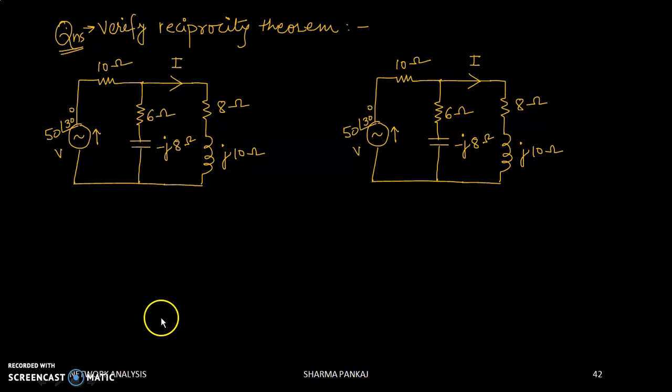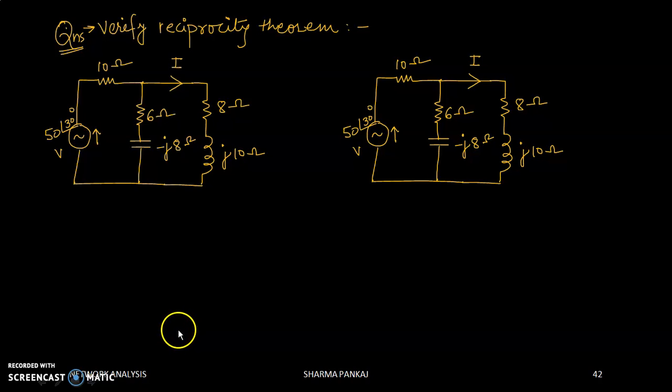This is the question for verifying the reciprocity theorem. In this question, we are to verify the reciprocity theorem. We have just studied what the reciprocity theorem is, and we have also gone through its proof.